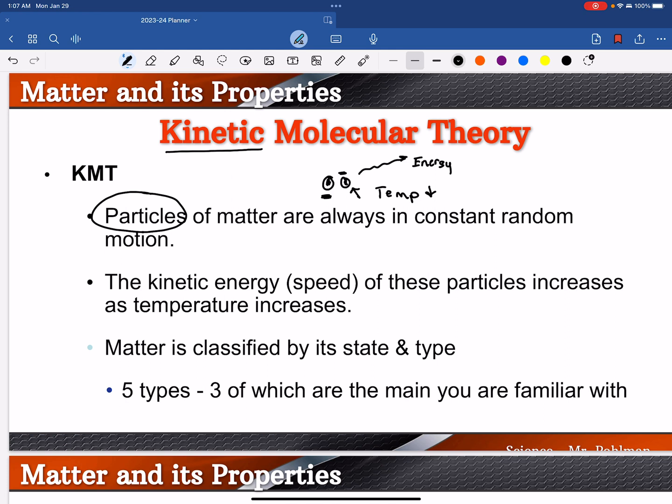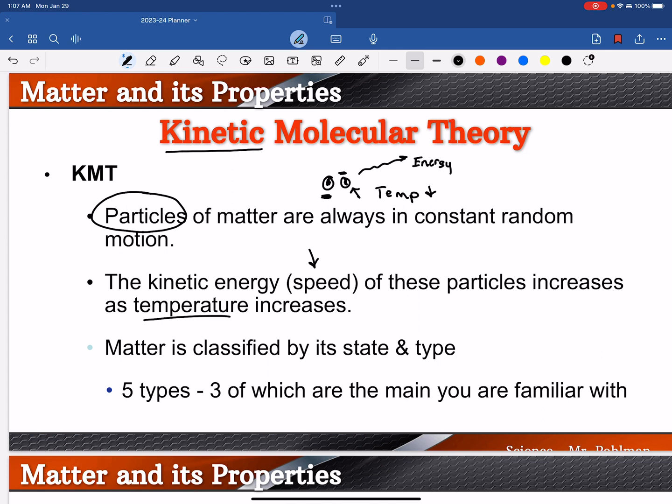So kinetic energy deals with the speed of particles. Actually, you're looking at the average speed when we're talking about the temperature change. So you're looking at all of the particles, not just one particular one. You're looking at an average of them to figure out what the temperature of that object would be.